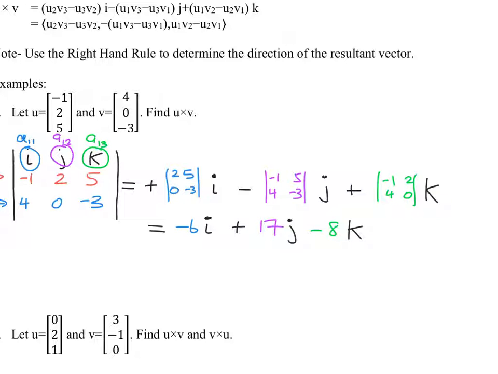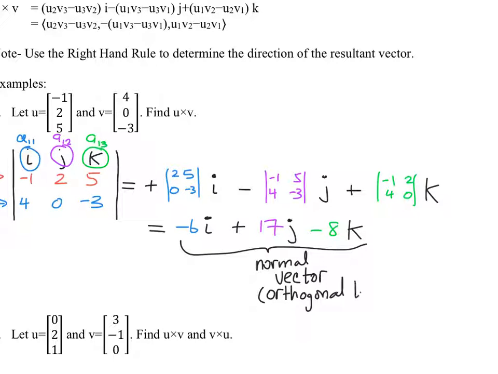So a normal vector is orthogonal to the given vectors.